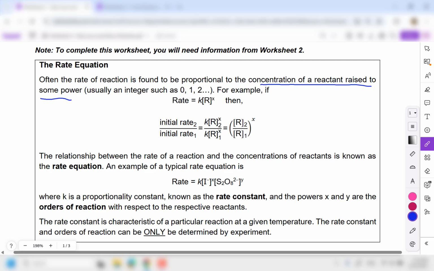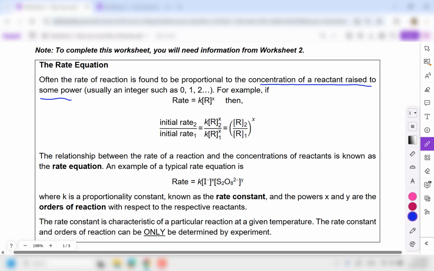In fact, in most of the cases you will encounter in real experimental conditions, or rather in real life scenarios, other than the common reactions presented to you in your exams, the order of reaction tends to be a little bit complicated.